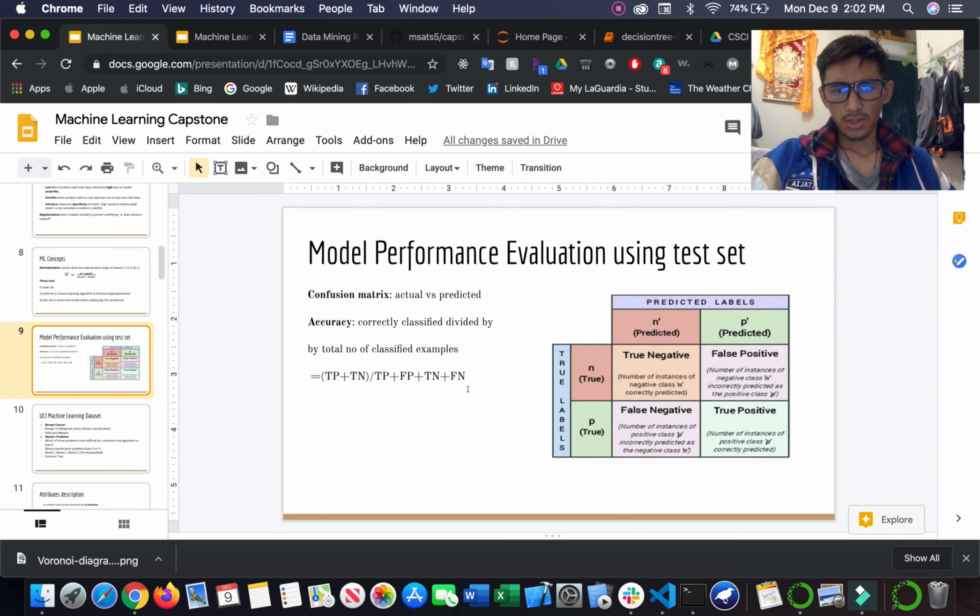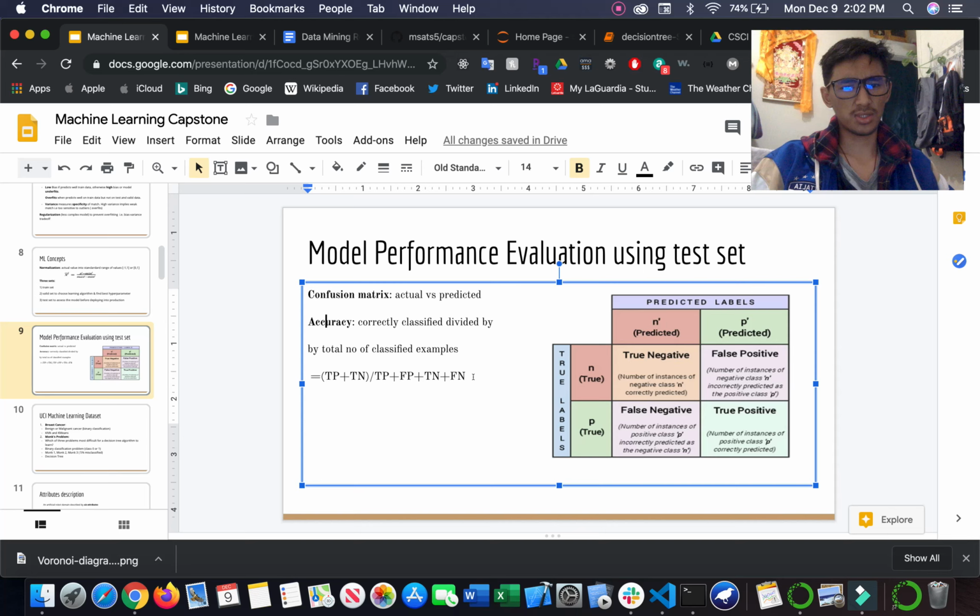Okay, so these are the performance metrics. The confusion matrix is to compare how well it performed, actual versus predicted. Because you already have the data and the labels, you can check the prediction and then compare it. And accuracy is the correctly classified divided by the total number of classified examples.